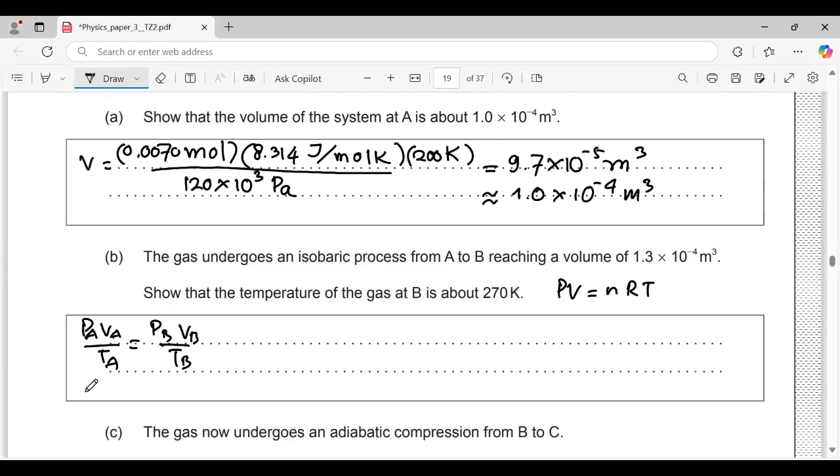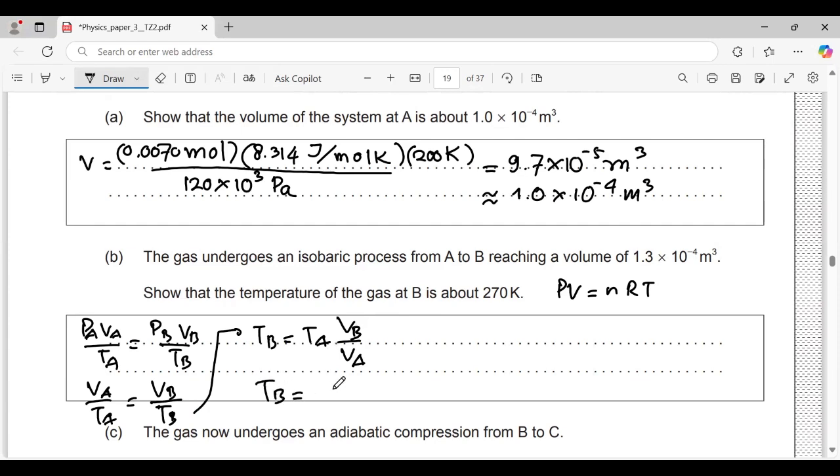So this equation becomes VA over TA equal VB over TB. Now we're going to find TB, so we have to rearrange this formula. The equation becomes TB equal TA times VB over VA.